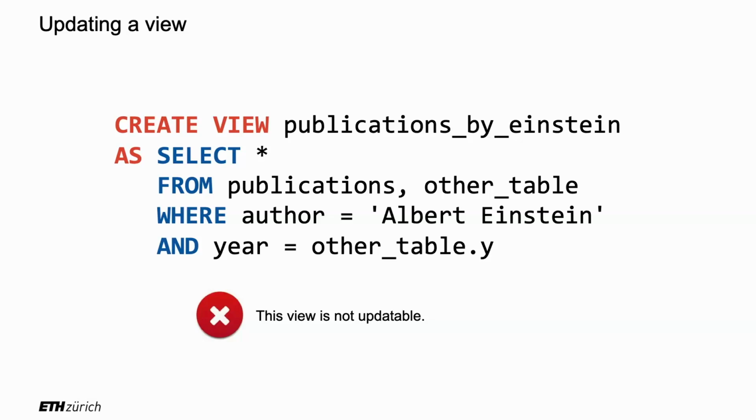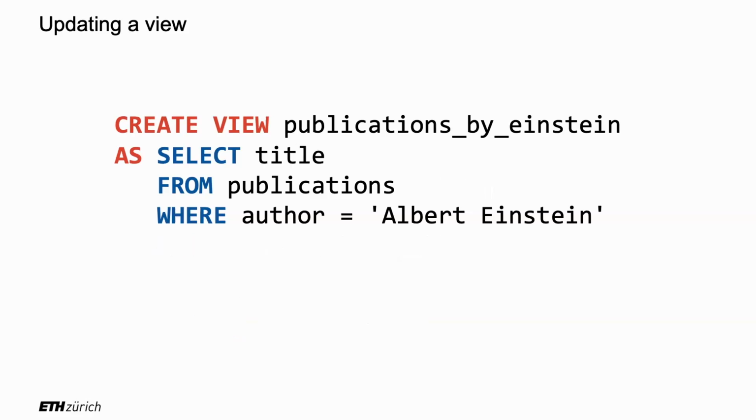If you just insert tuples into a joined table arbitrarily, you can insert whatever you want, but it's no longer a join. So you cannot just modify the original tables in such a way that the join would give you the inserted tuple. Does it make sense? So this query is too complex. We cannot find a way to update the underlying tables in order to make changes to it. So that doesn't work.